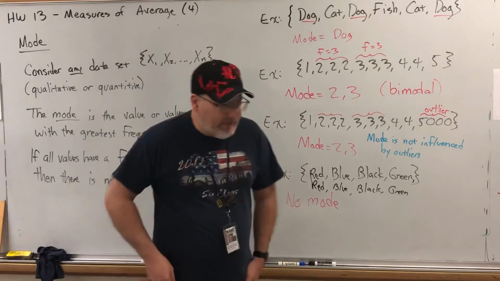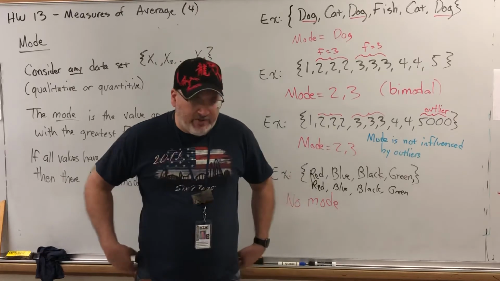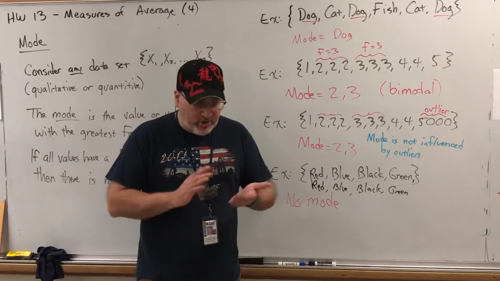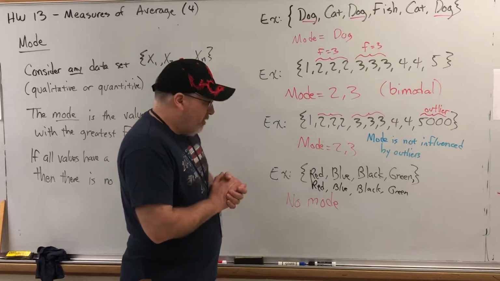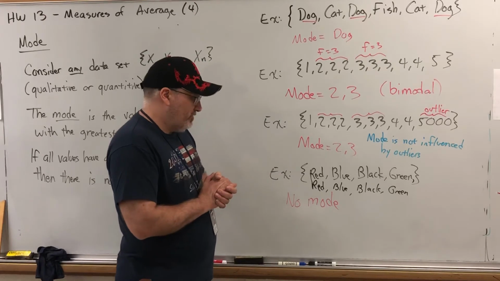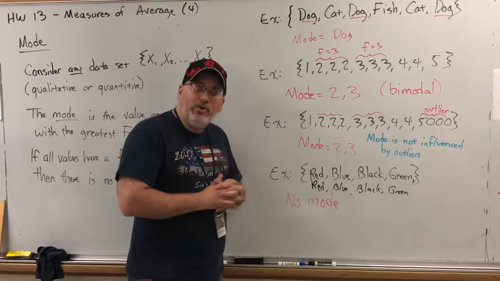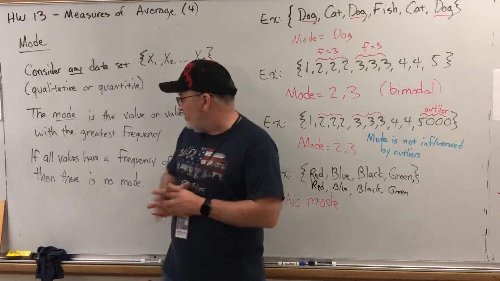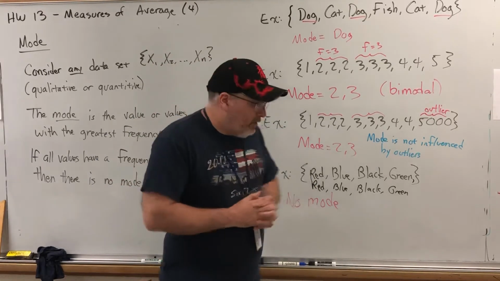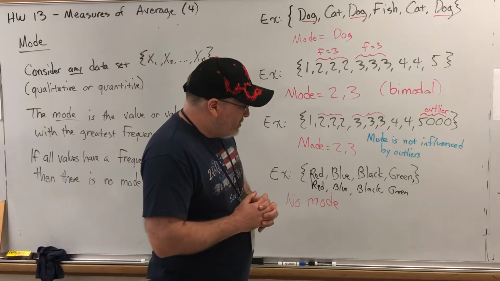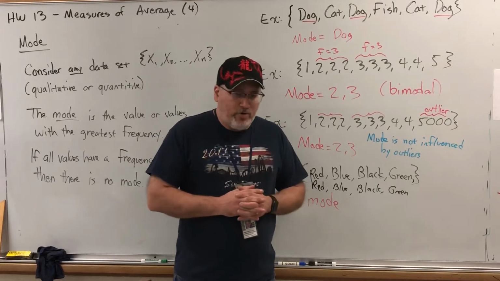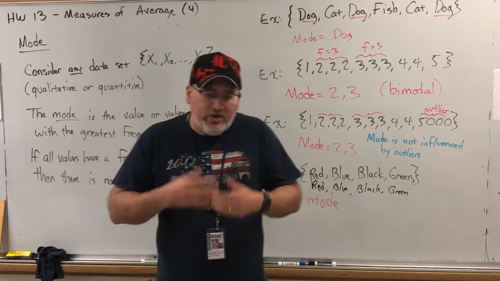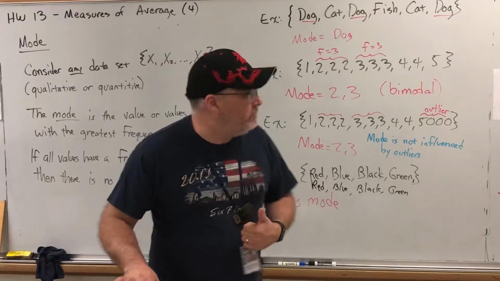I mentioned in previous videos the inconsistency in the subject of statistics, and here's another one. There are some statisticians and some books that will say that everything in here is the mode, because everything has the greatest frequency, and that frequency is greater than 1. But there are also some authors and some books that will say that nobody is the mode, because the idea of being the mode is that you're in there more often than somebody else.